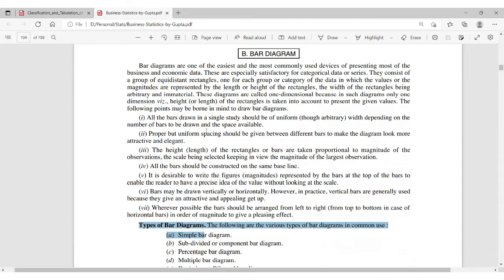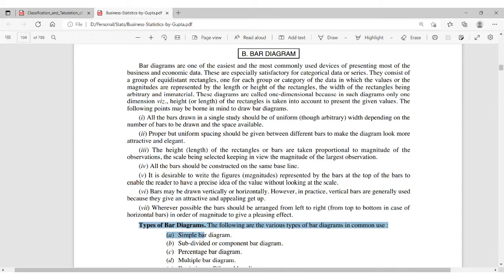All the bars drawn in a single study should be uniform. Proper uniform spacing should be given between the different bars to make the diagram look more attractive and elegant. The height and the length of the rectangles of the bars are taken proportionate to the magnitude of the divisions. All the bars should be constructed on the same line.